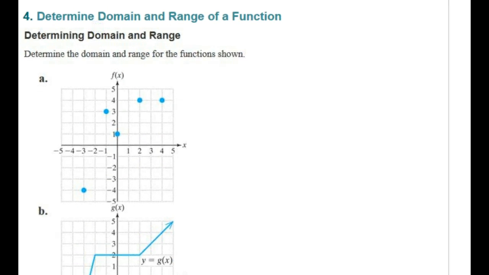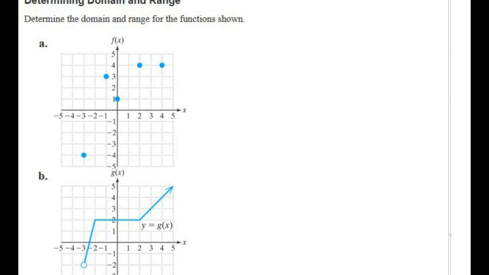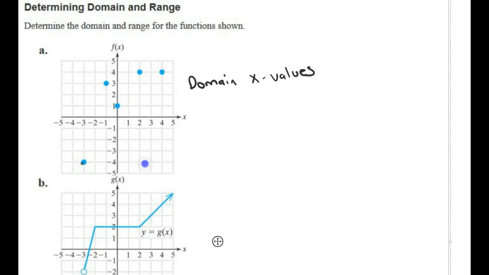Determine domain and range of functions. So we kind of did that with relations, but now we know it's a function. So the domain here, domain is the x values, right? So this dot has a corresponding x value of -3.